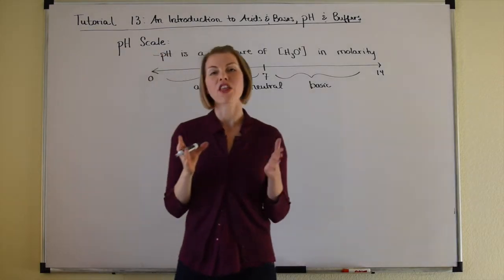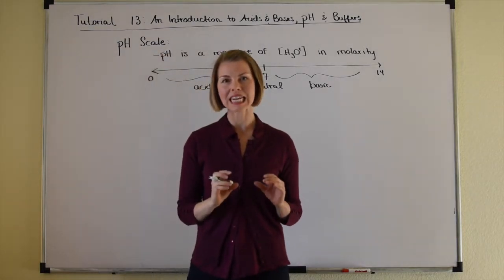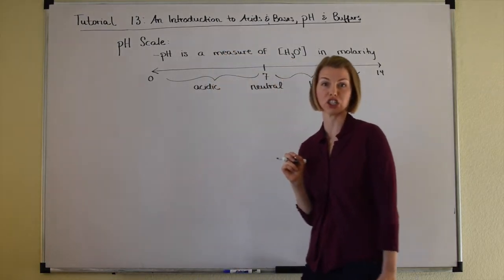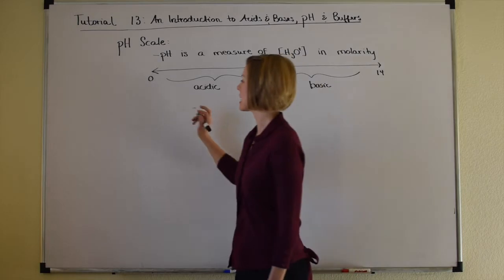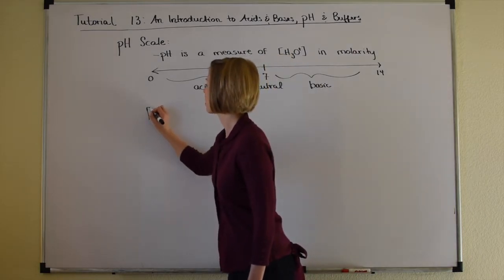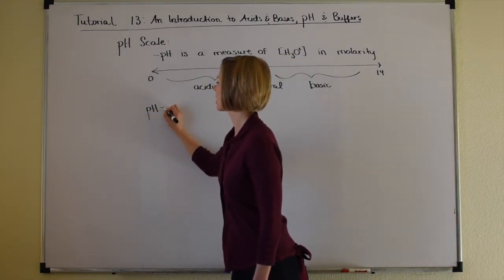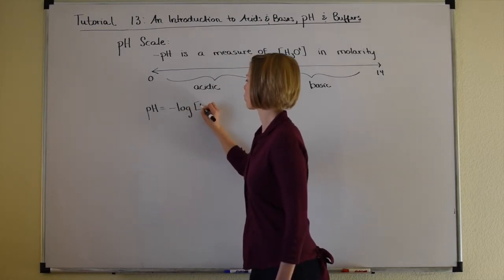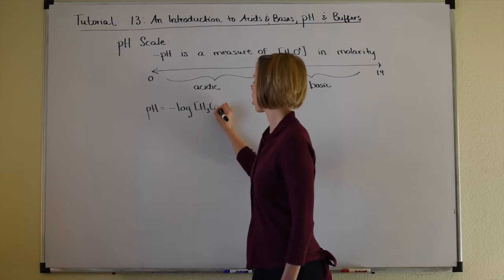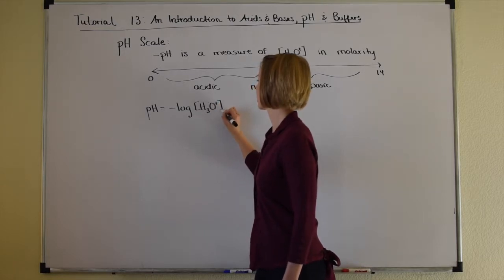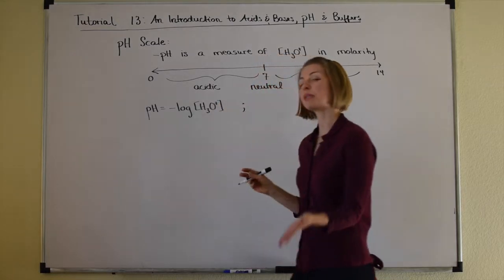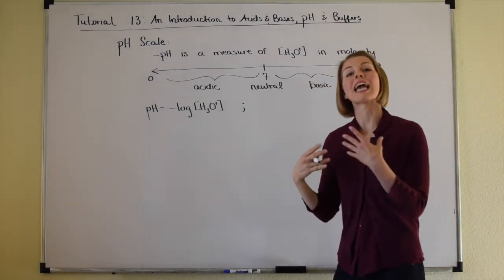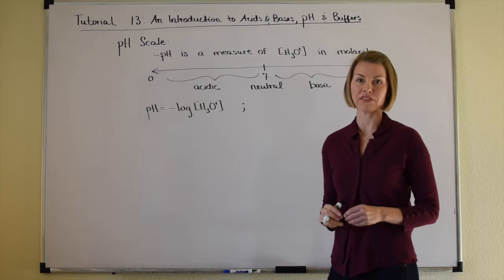pH is the negative base 10 logarithm of the hydronium ion concentration. I'm going to write that in equation form. pH equals the negative log of the hydronium ion concentration, which means that the hydronium ion concentration could be found from the antilog taken to the negative pH.